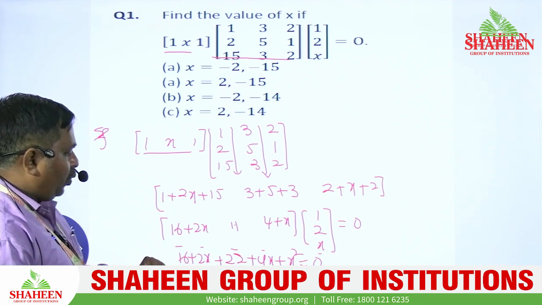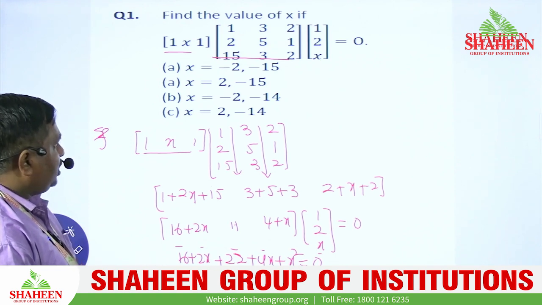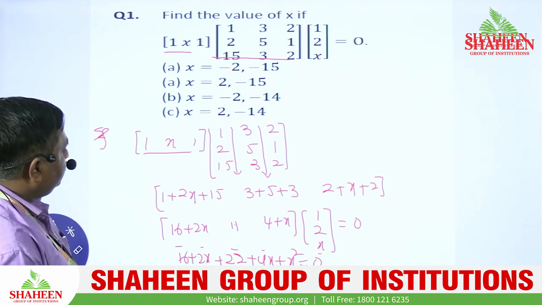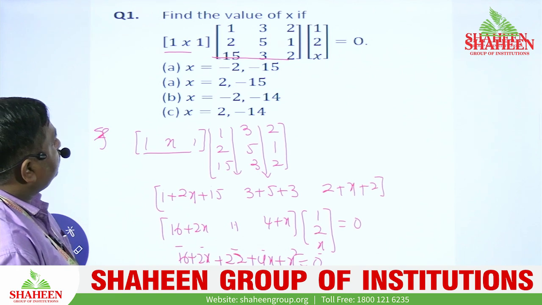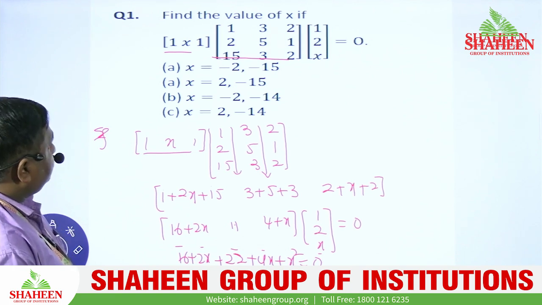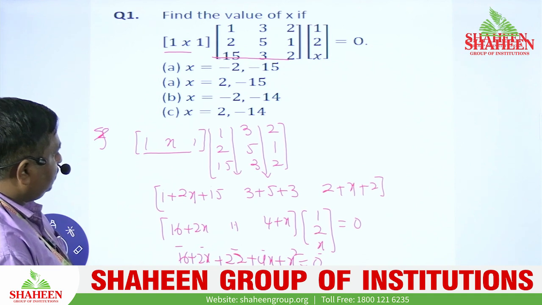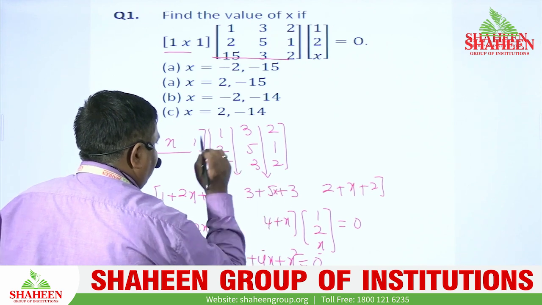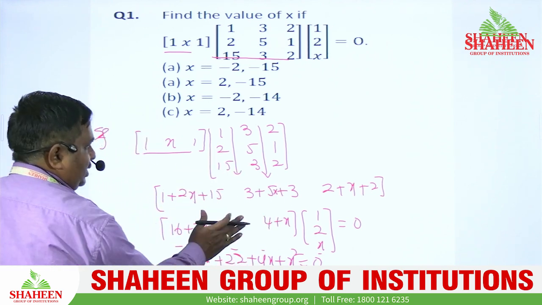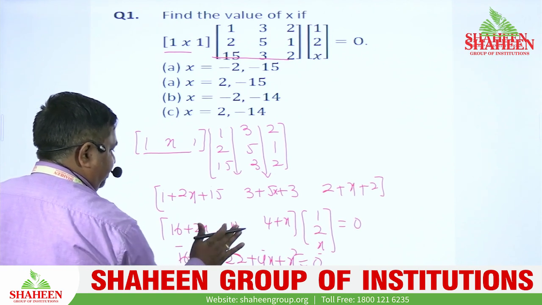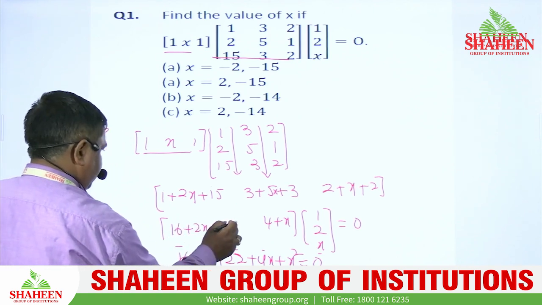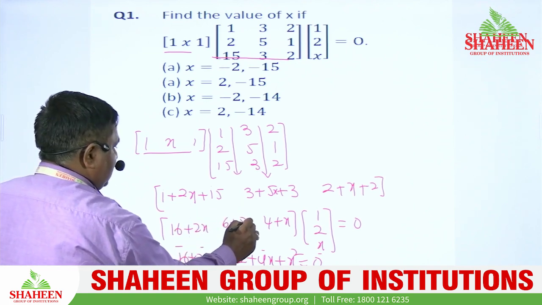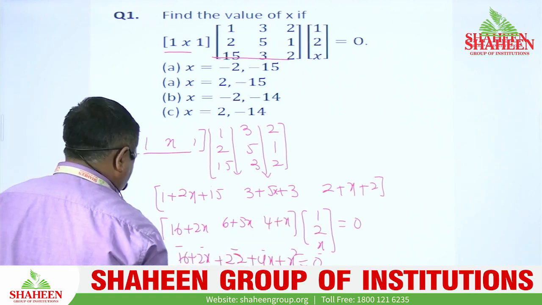Okay, x square plus 6x plus 38 equals 0. This is actually, this is not a 5, it is 5x. Then this becomes 6 plus 5x, and 6 plus 5x is multiplied with a 2.